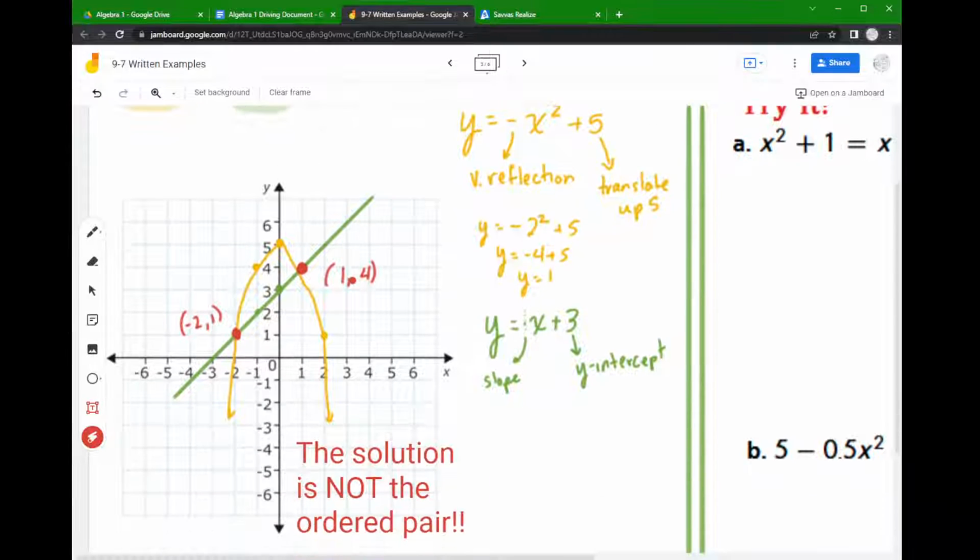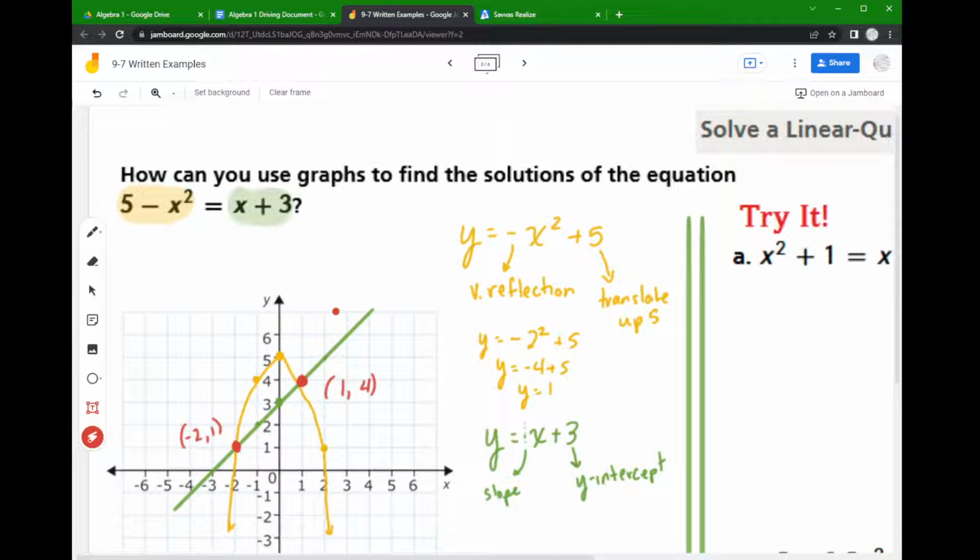So the solutions are only the x values of this expression. When I go to say these solutions, I'll say x equals negative 2 or 1. And it's not ordered pairs. Might be more clear if I say x equals 1. Make sure that you're just talking about the x values.